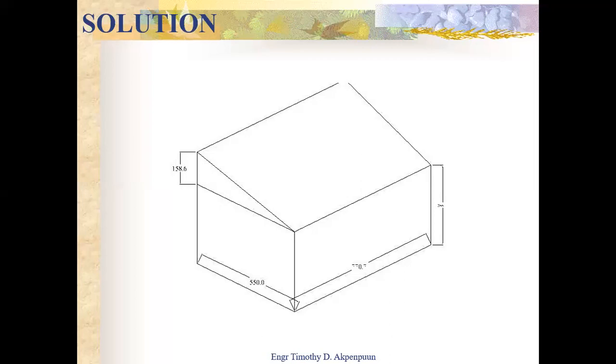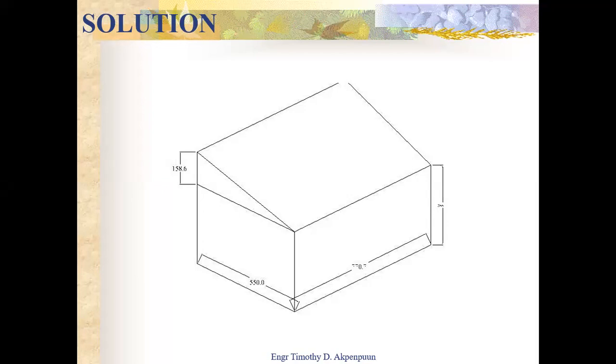If you complete it, what are you going to have? You're going to have a rectangular matchbox now, is it not? The volume now will be what? If you make it a matchbox, the volume will be 550 times 770 times 158.6. But now we have divided this one into 2, so now divide it by 2.